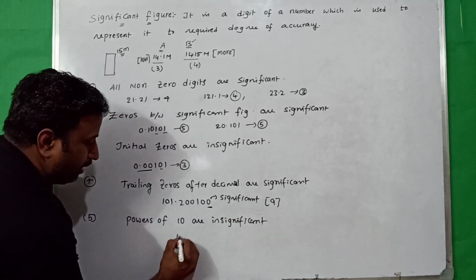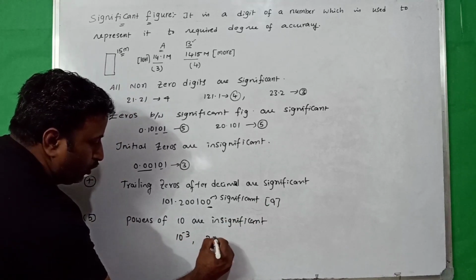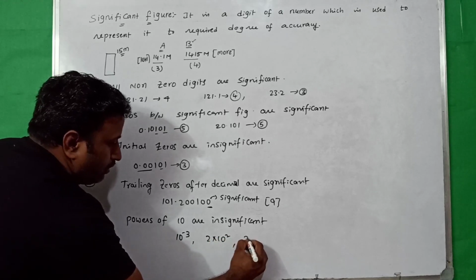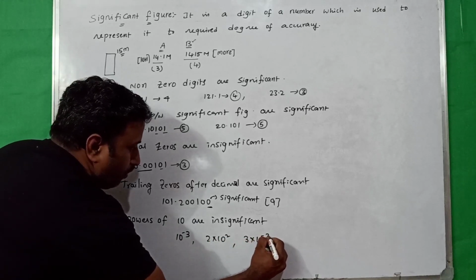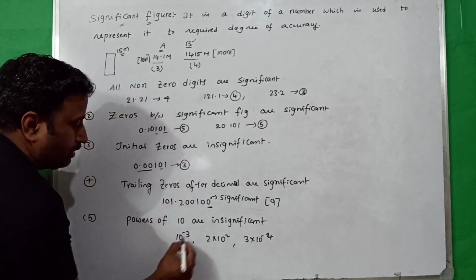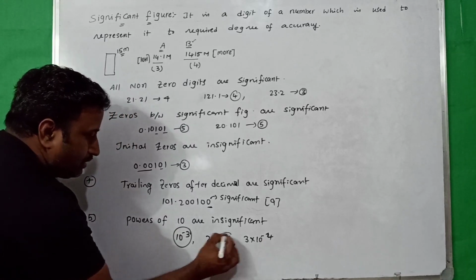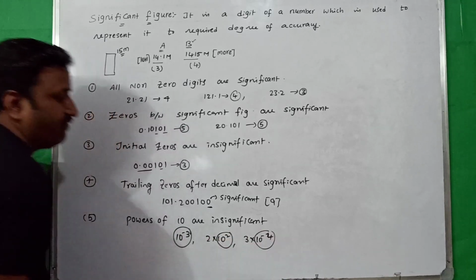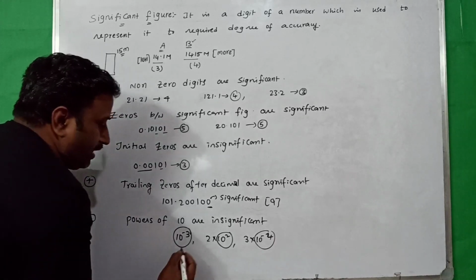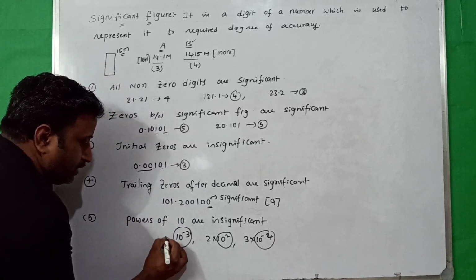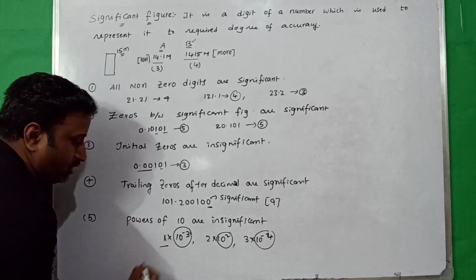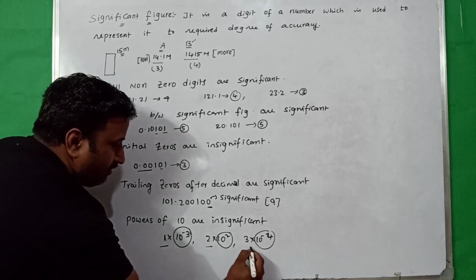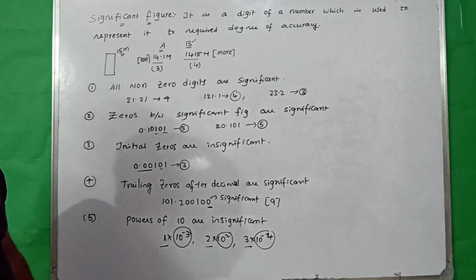That means 10 power minus 3, 2 into 10 square, 3 into 10 power minus 4. Here, this is insignificant, this is insignificant, this is insignificant. Then we can say 1 into 10 power minus 3 has one significant figure, and each of the others also has one significant figure.